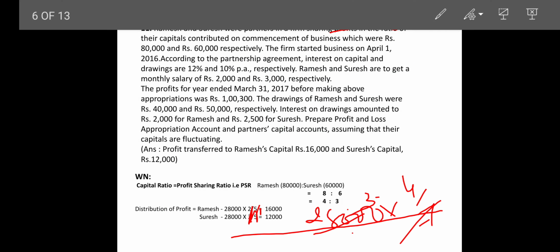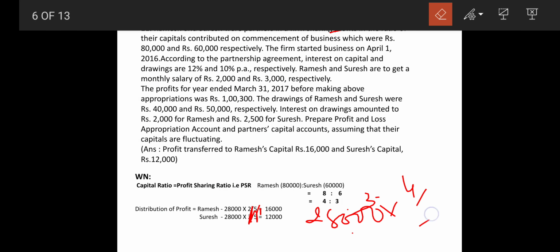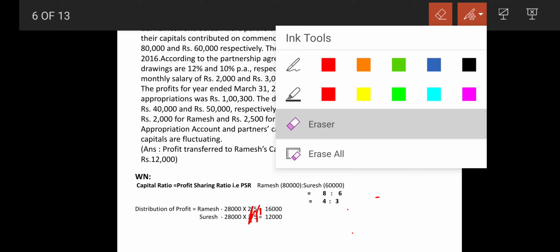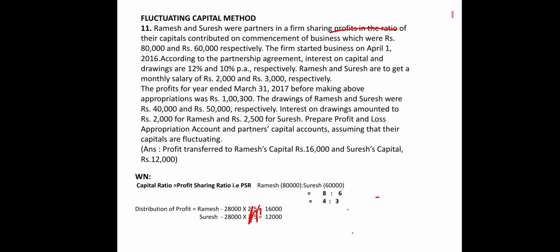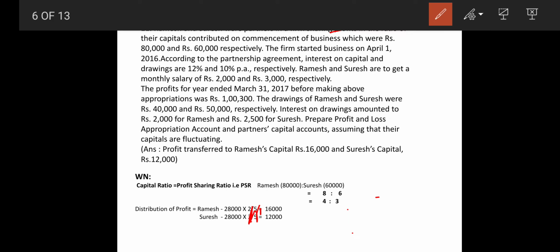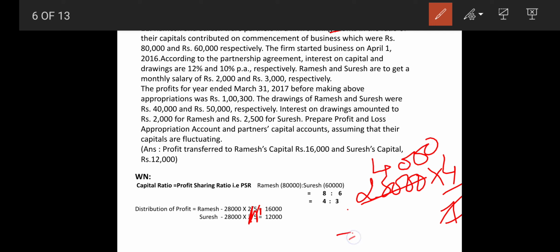And the same way we will find out for Ramesh. Ramesh is equal to 28,000 multiplied by 4 upon 7. 7 4s are 28 and 4 4s are 16.